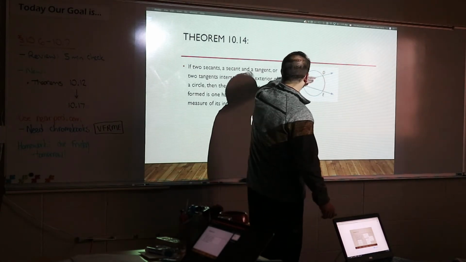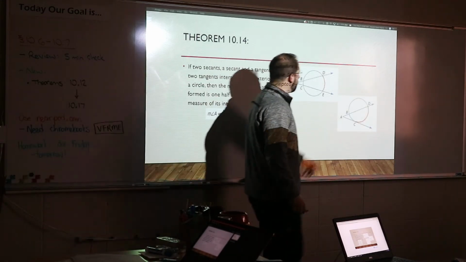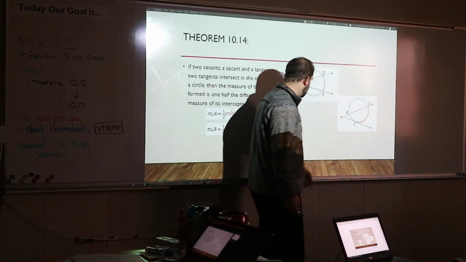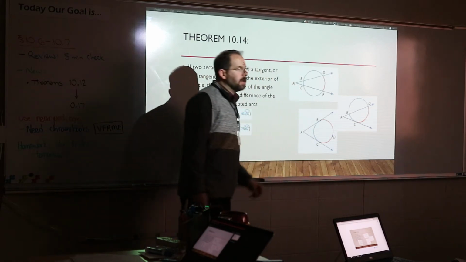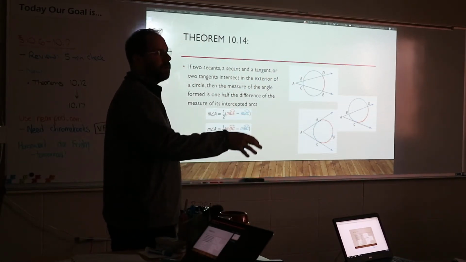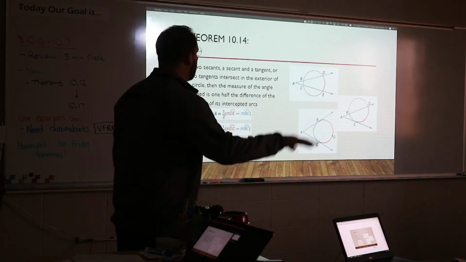So the secants that cross on the outside, and we'll get to the formula in a minute, could be one tangent line and a secant that cross on the outside, or just two tangents that cross on the outside. What this theorem is trying to explain is that you can find the angles at those spots where they meet. Today was all about angles, tomorrow will be all about segments.